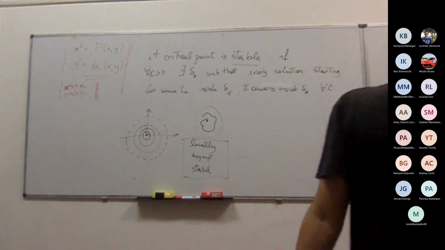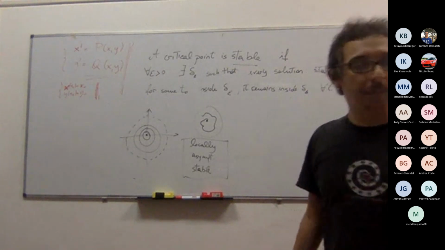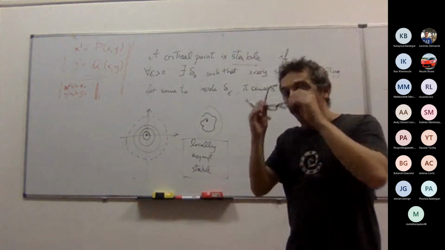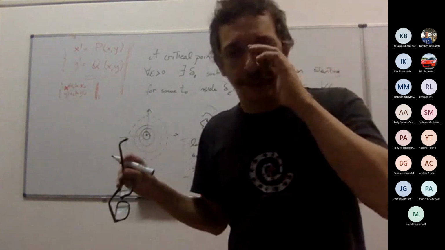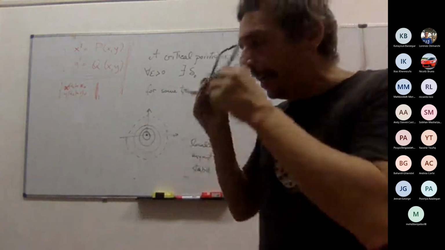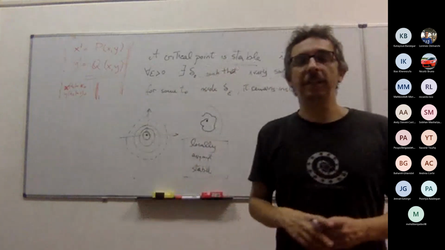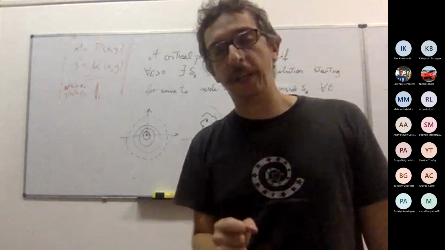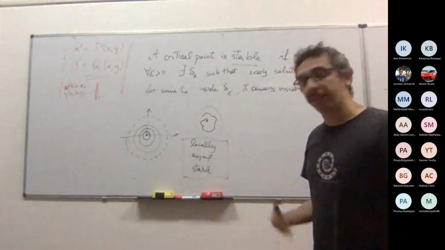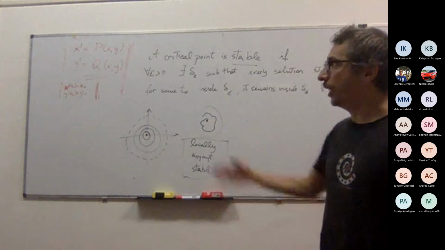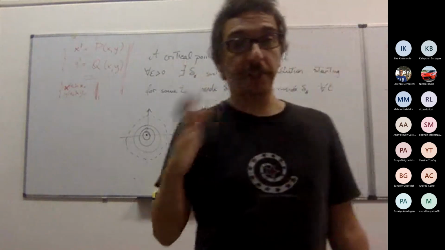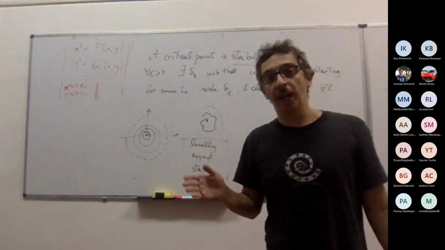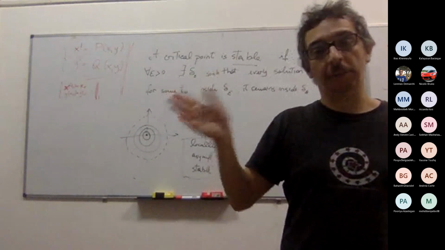So what we want to build is some criteria that allow me to understand if a critical point is stable or unstable. Again, you can consider the analogy with the problem that we solved last week. Speaking about the stability of equilibria for first order ODEs, we were considering whether the derivative was positive or negative.